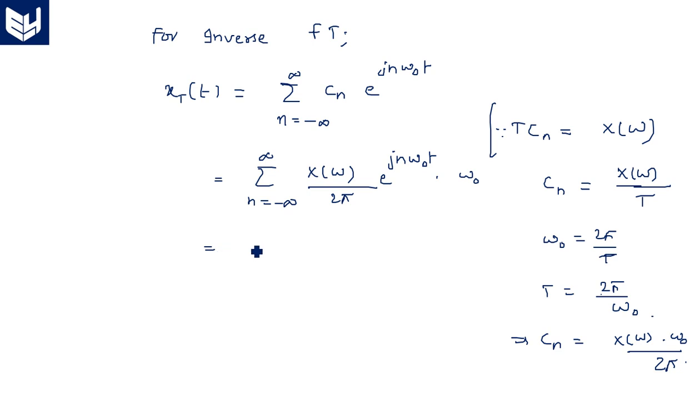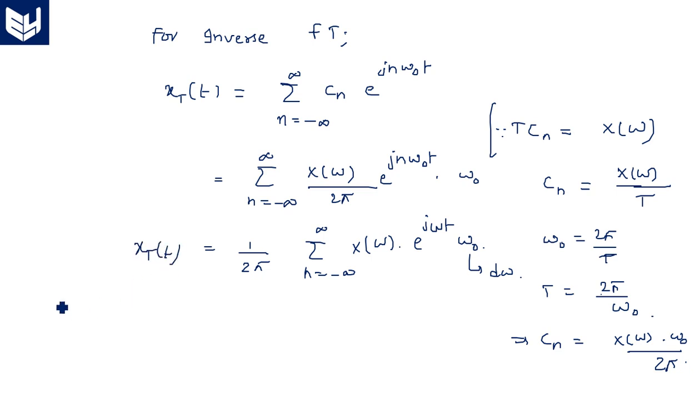So that is equal to 1 by 2 pi summation n equal to minus infinity to plus infinity X of omega e power j omega t into omega naught. So omega naught, what is its value? When T tends to infinity, omega naught becomes very small. We can say that it is infinitesimally small, so we can represent that with a simple d omega. This happens when T tends to infinity.